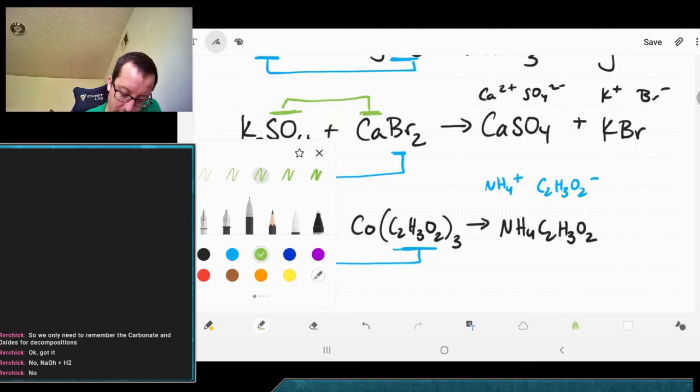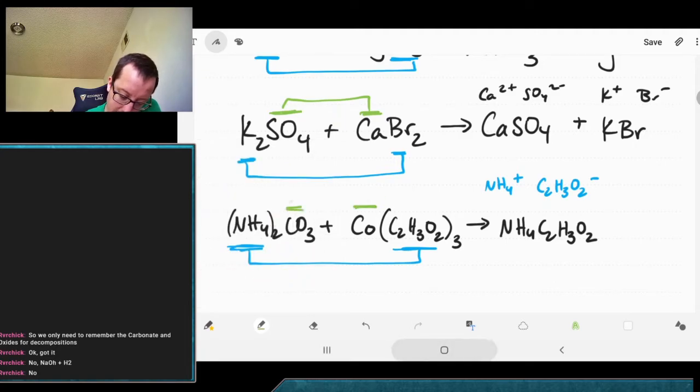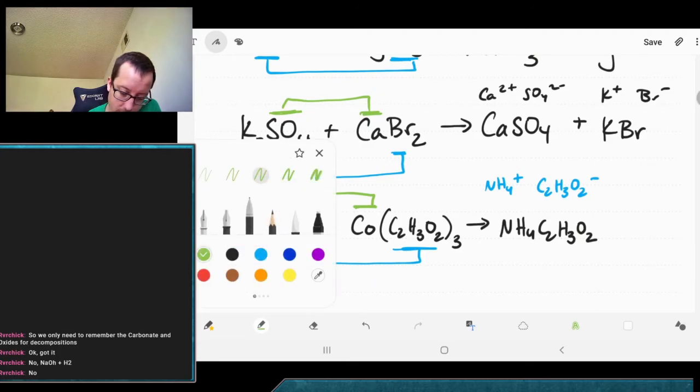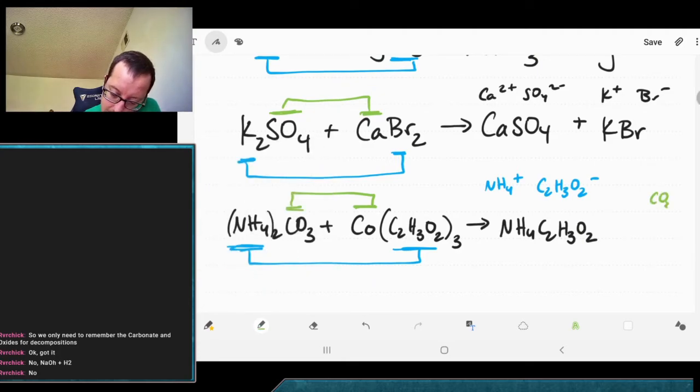And here's the tricky part. We know we're going to want to make a compound between those two. Well, we know carbonate is a 2 minus ion, but cobalt is variable charge, right? So what we have to do is look at the cobalt in the original molecule. If we remember, acetate has an overall charge of -1.